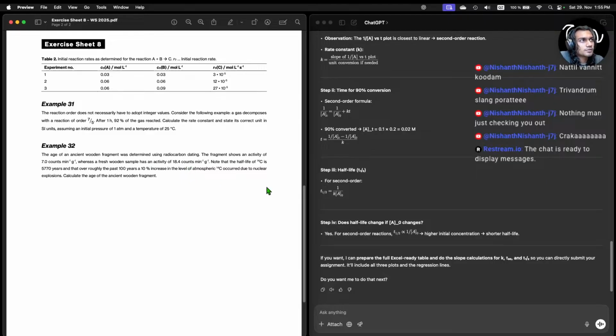Note that the half-life of carbon-14 is 5,770 years, and that over roughly the past 100 years, a 10% increase in the level of atmospheric C-14 occurred due to nuclear explosions. Calculate the age of the ancient wooden fragment.